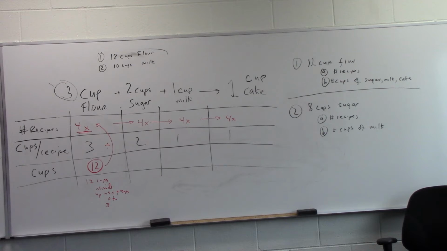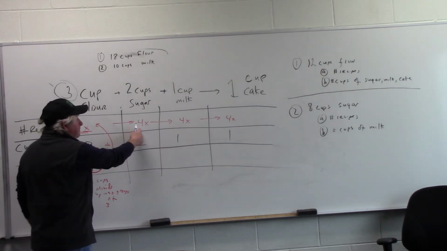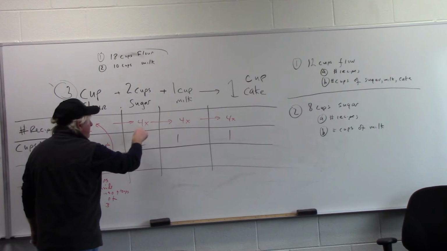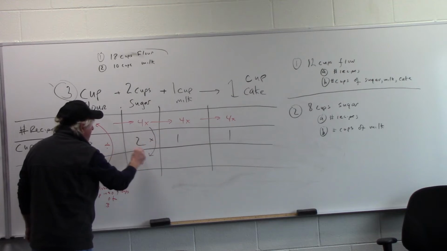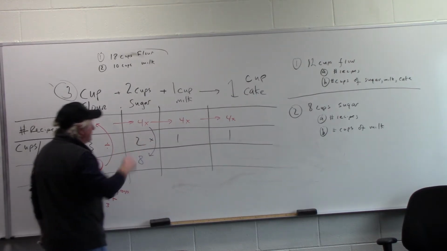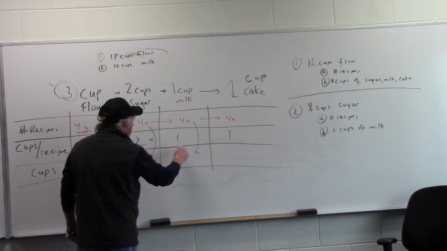Okay. Now, how many cups of sugar will I need to use up all 12? All right. So I'm going to do the recipe 4 times. And each time I do it, I need 2. So I'm going to do 2 4 times for 8. Okay, here I'm going to do 1 4 times for 4.